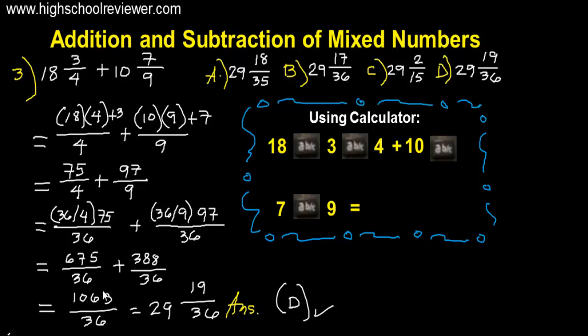And simplify this: 1063 divided by 36, the whole number is 29. Copy the denominator, and for the numerator, that will be 1063 minus 29 times 36. This is letter D.